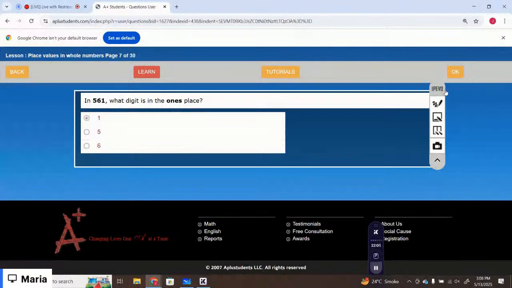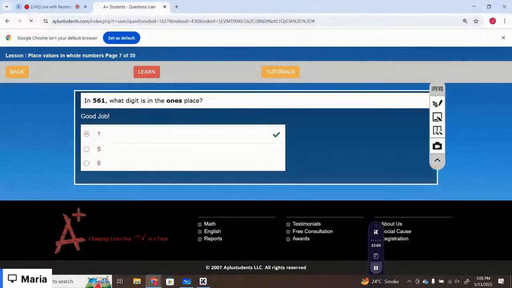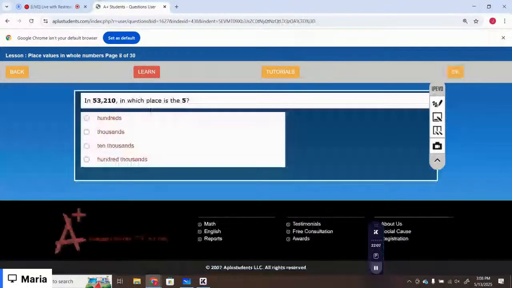Option number 1 is the correct option. In 53,210, in which place is the 5?